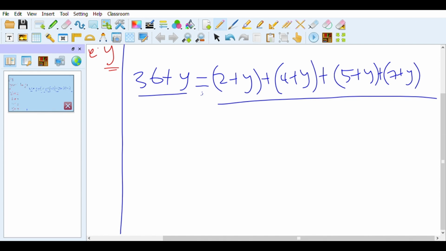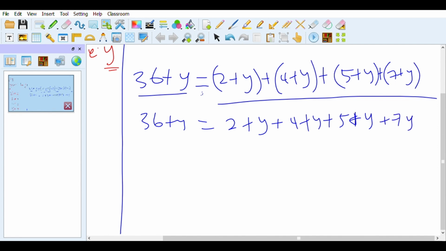So we have 36 plus y equals 2 plus y, and we're going to just remove the brackets, plus 4 plus y, plus 5 plus y, plus 7 plus y. We're going to collect all the like terms together.